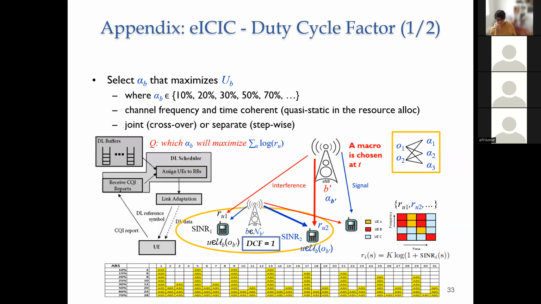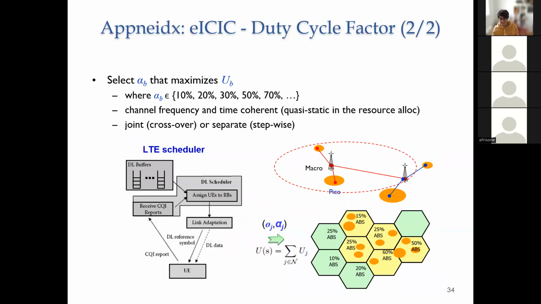But they took this idea into the simulator, the module, the software model. And at the end, this is how they implement. Yeah, okay, I forgot to mention, they put it into the LTE scheduler together. So if there is another question, I have another one.